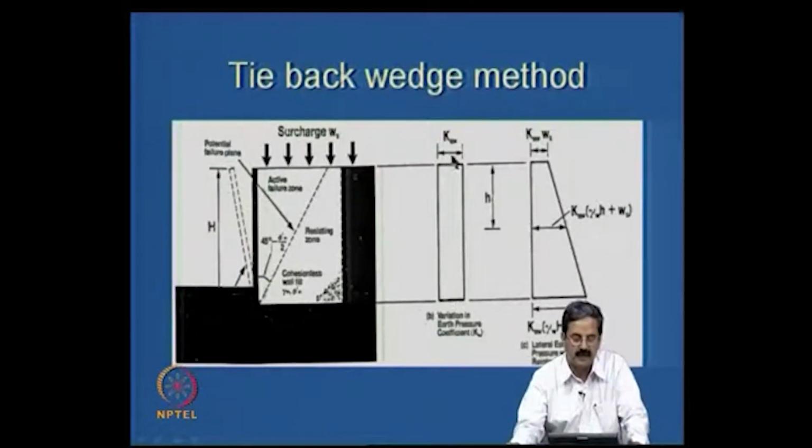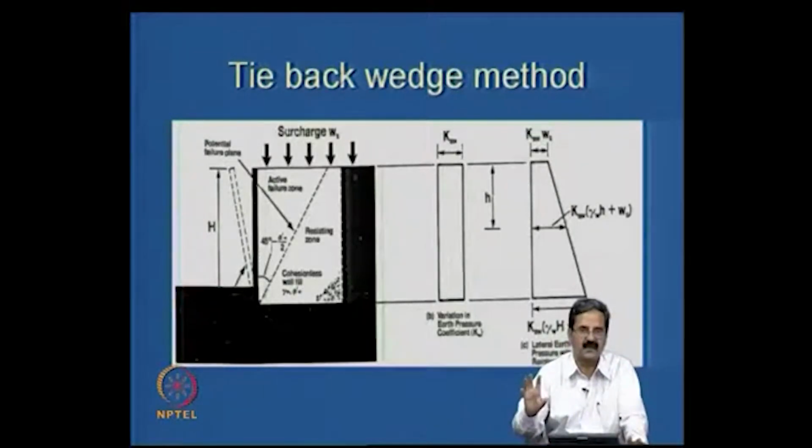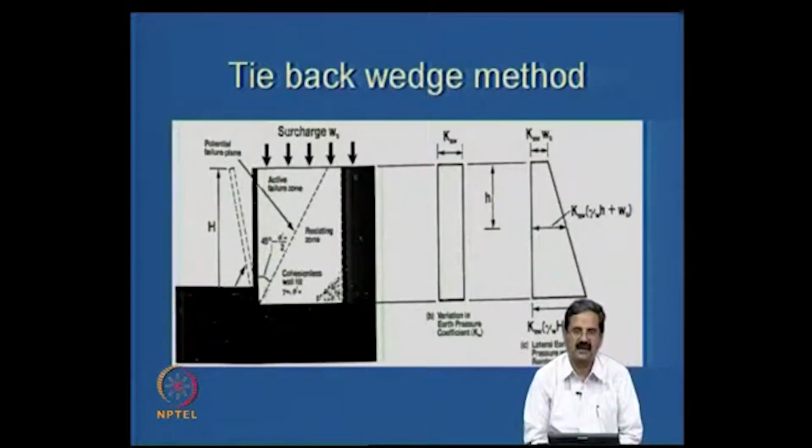We assume active earth pressure conditions. Because there are two conditions, as I said in the beginning, the state of the soil: is it a K naught condition or a K condition? Is it the coefficient of earth pressure at rest, or the active earth pressure we should design for? This is something very important.